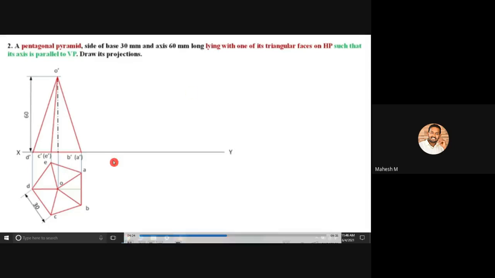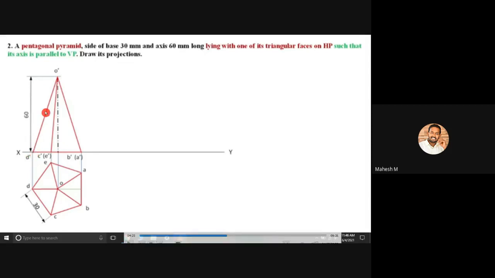Now you have to look at this red color highlighted phrase: lying with one of its triangular face on HP. That means compulsorily, either this line or this line, one of the two, has to touch the reference line. But please look at the name of this line. So this is O dash and this one is D dash. So this one is not a triangular face.